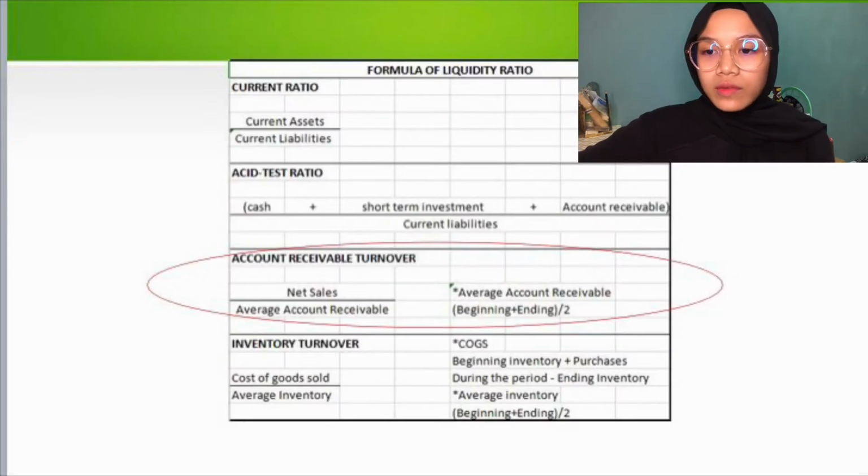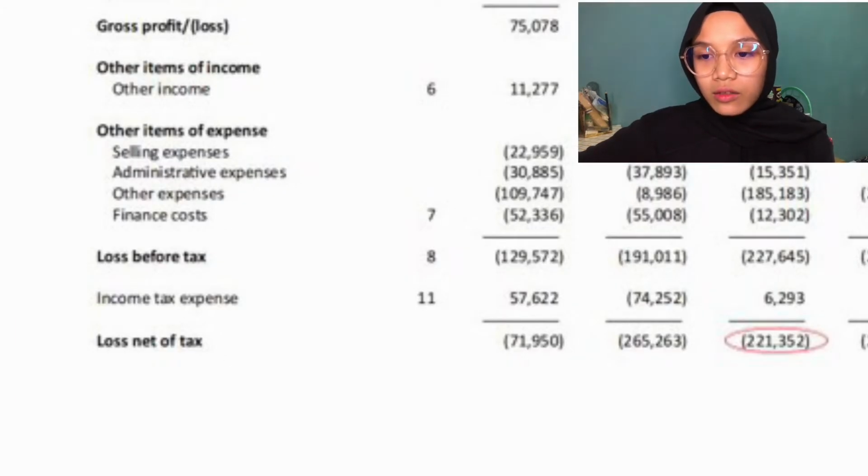Let's continue with the accounts receivable turnover. To calculate this ratio, we divide the company's net sales by its average accounts receivable. The average accounts receivable is calculated by adding the company's beginning and ending balances of accounts receivable for the year and dividing by 2. For example, Jaya Tiasa Holding Berhad has an RM221,352,000 net loss for the year 2020.